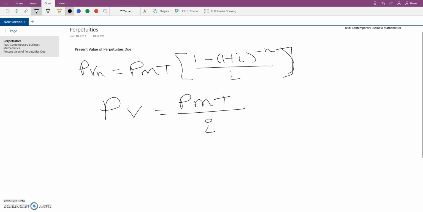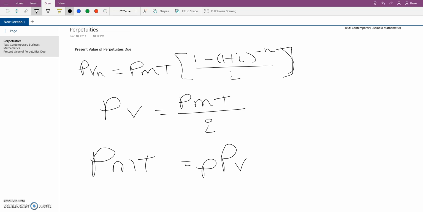That breaks down to the ordinary general perpetuity formula, where the payment is the interest earned by the present value of the perpetuity in one payment interval. That is to say, the payment is equal to P, the effective rate of interest per payment period, times the present value.